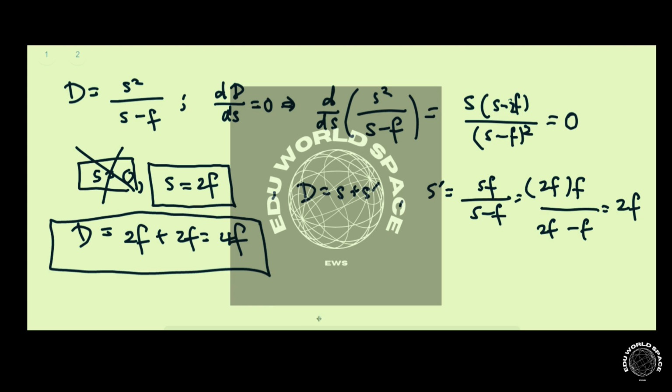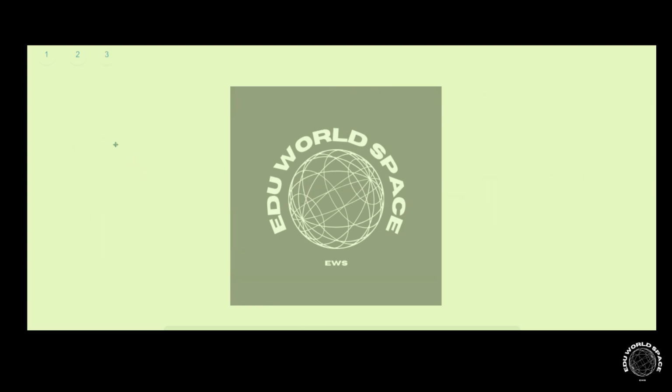Now, like I said, there was another way to solve this problem. And in this other approach is, again, to use the same two equations that I had, equation 34.16, and the fact that d is equal to s plus s prime.